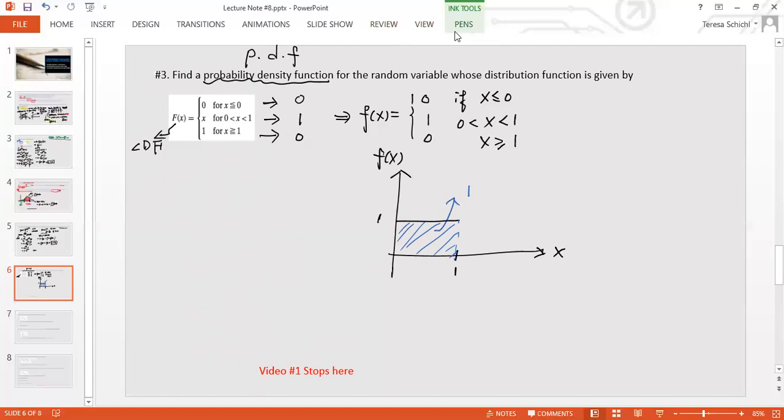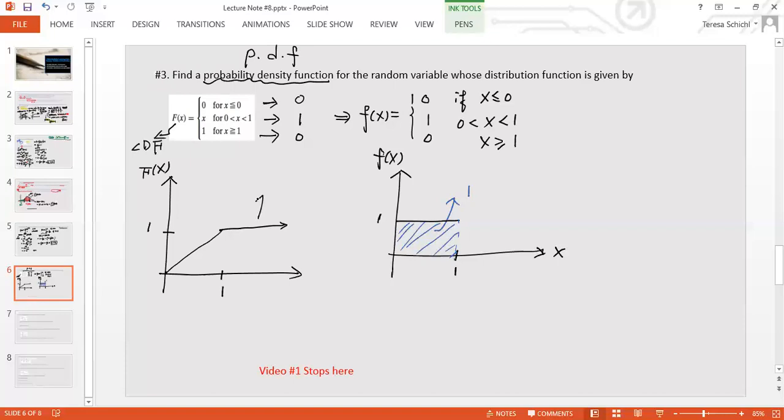Now let's take a look at what the CDF graph looks like. This is 1, this is 1, see here. The capital F(x) is the CDF. When x is less than or equal to 0 it's 0. Then F(x) equals x, so it's y equals x, up to 1, and then greater than 1 it's 1.